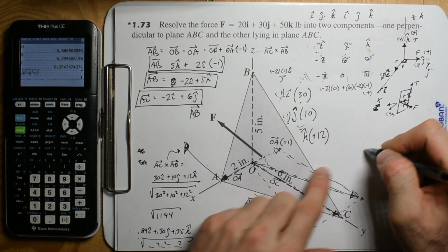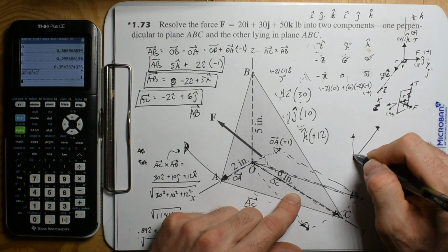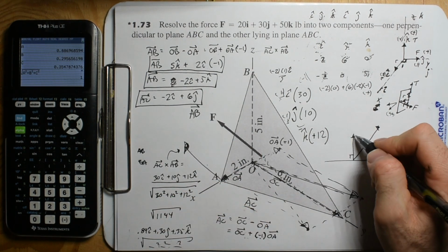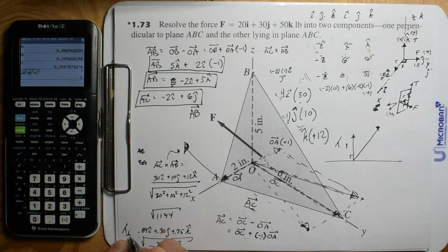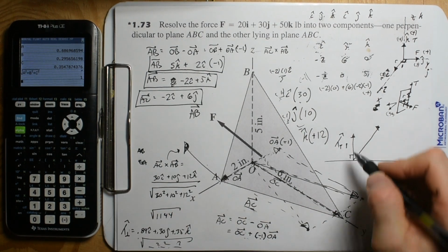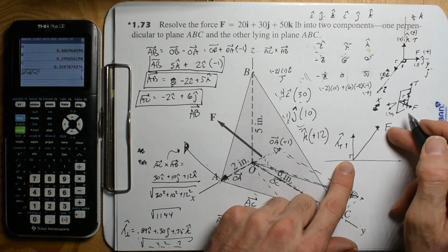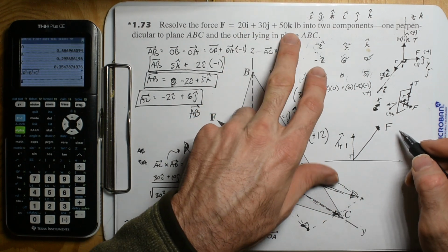Now we're going to say, my force vector is something like this. My unit vector is perpendicular to the plane. And I'm just going to now call this the unit vector perpendicular. So this is unit vector perpendicular, has a magnitude of 1. Here's our force vector, and it's 20i, 30j, 50k.